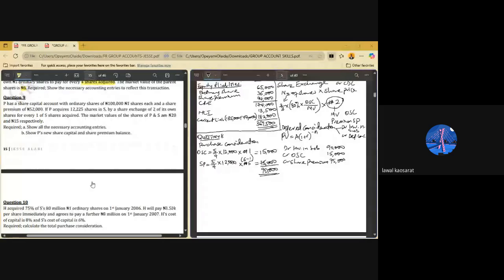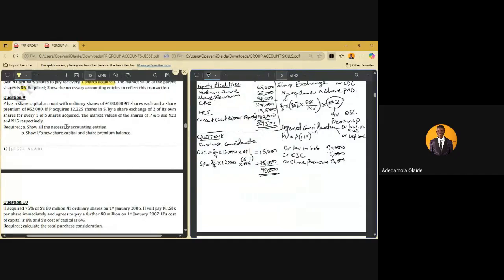P acquired 12,225 shares in X by a share exchange of 2 of its own shares for every one of X's shares acquired. The market values of the shares of P and S are 20 naira and 15 naira respectively. Required: A. Show all the necessary accounting entries. B. Show P's new share capital and share premium balance. Done, sir.